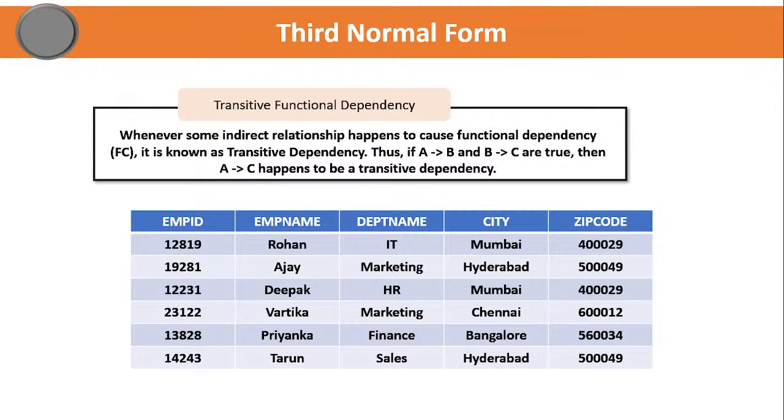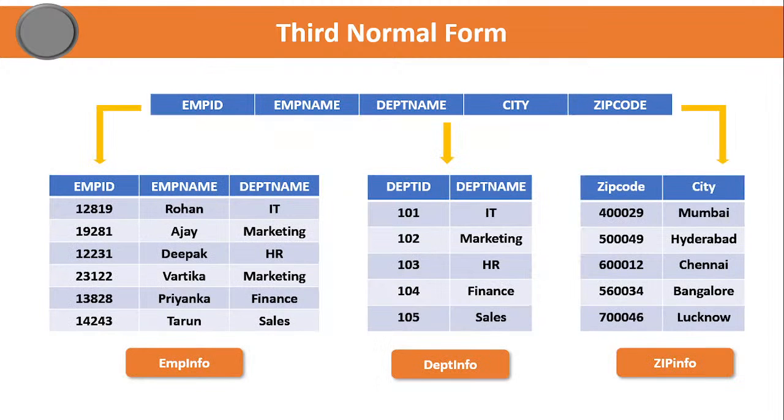Here all the non-prime attributes like the city of the employee and the employee's state are transitively dependent on the super key, which is employee ID. So the transitive dependency here violates the rule of the third normal form. Thus we must move the employee's city and the employee's zip code into another table, which is zip info.